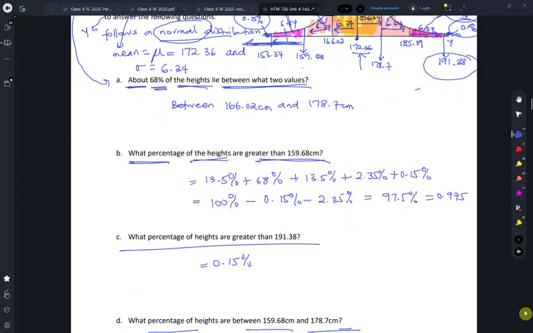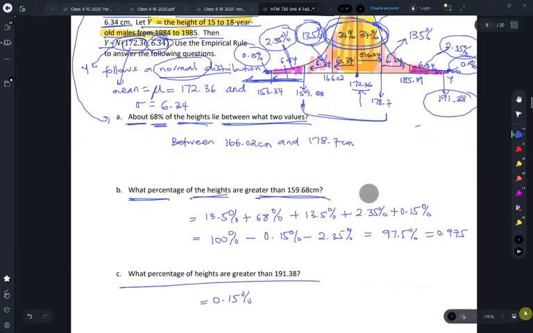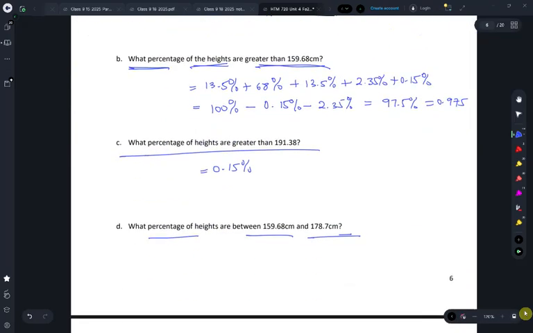So between 159 and 178. Let's look at the picture. So that would be 13.5% and then 68%. So we have 13.5% plus 34% plus another 34%, that would be 81.5%. Let's write this right. And so this is same as 0.815.